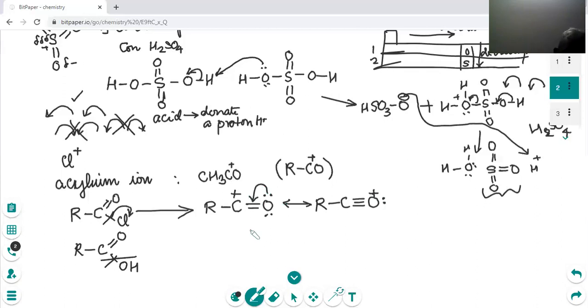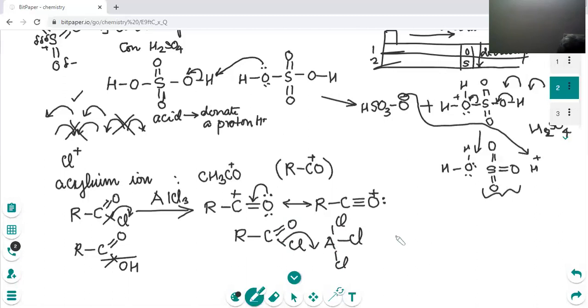Okay. Now, how? This will not occur on its own. This will occur only in presence of AlCl3, which we have already seen. Why? Because R C double bond O Cl. This bond, the Cl is taken by AlCl3, which is electron deficient, as I have already told you. Cl, Cl, Cl.